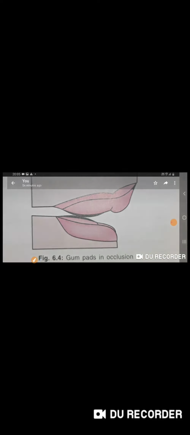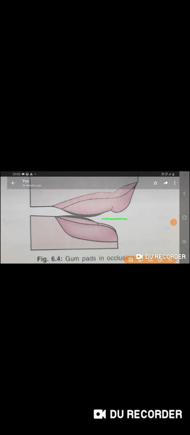This is the overjet present between the upper gum pad and lower gum pad, and due to this sufficient overjet the child can make the suckling movement and feed easily, and some children have a habit of tongue thrust. So this is all about the gum pad.